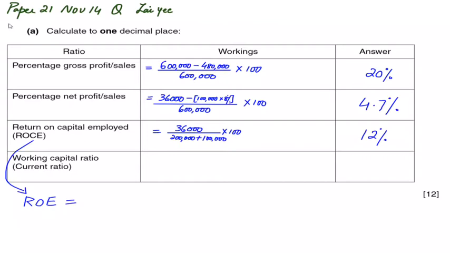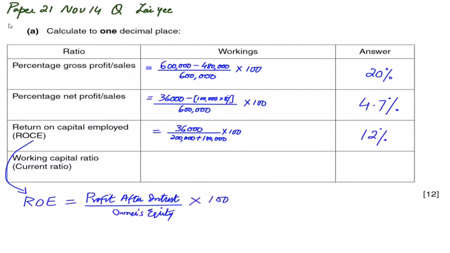If we are asked to calculate return on equity, the numerator would now contain only profit that belongs to owners, only profit that belongs to shareholders. So we'll be taking profit after interest, which is known as profit for the year as well, divided by a denominator that contains only owner's equity.